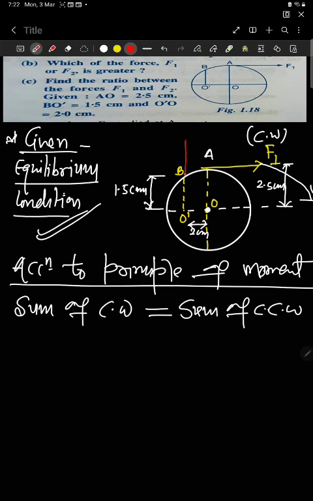The force will act downward, like this. This is the direction of force F2, and it produces an anti-clockwise moment.